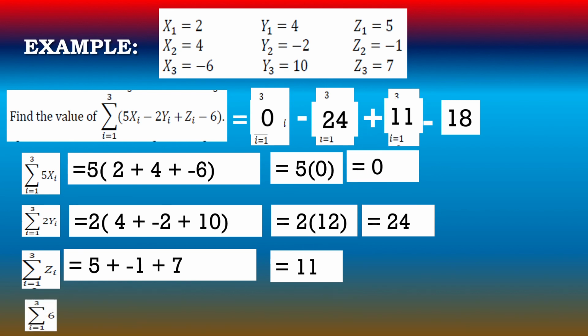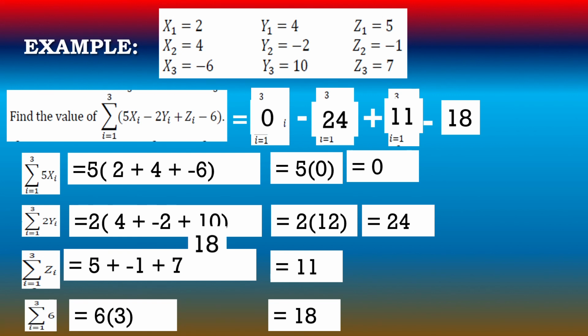Then, ito na yung constant. May constant tayo dito. And then, multiply lang sa n. So, 6 times 3 is 18. So, that will be the fourth term. Then, we can now add 0 minus 24 plus 11 minus 18. The result is negative 31.